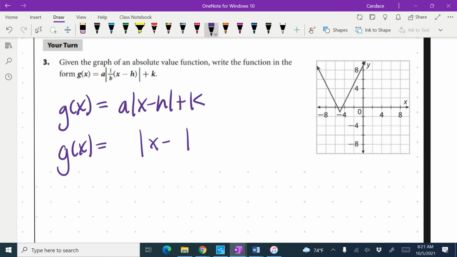Oh, it was a tricky vertex, wasn't it? All right. With your table partner, compare your answers. See what you got. See if you both got at least the same vertex. All right, so right now, 30 seconds, compare with your table partner, or somebody at your table if you don't have a partner today.